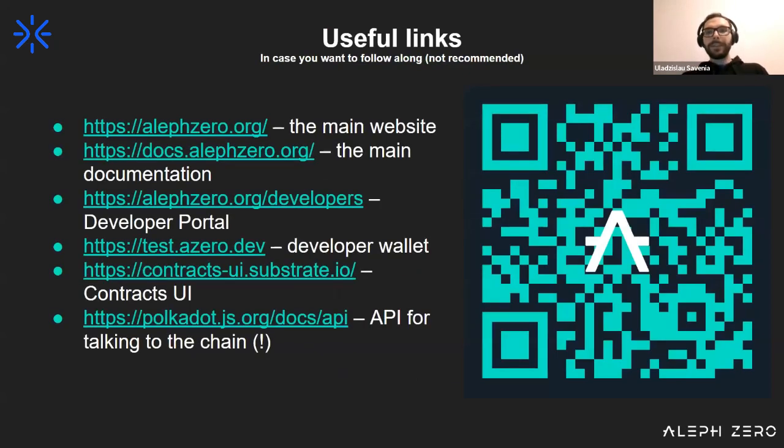There are some useful links in here. You can check them out. I very much encourage you to do so. So aleph0.org is the main web page to check everything from Aleph Zero, and there's a doc page and developer portal and developer wallet as well on test0. Also contracts UI and for communicating with the chain, doing transfers, signing stuff, you can use polkadot.js.